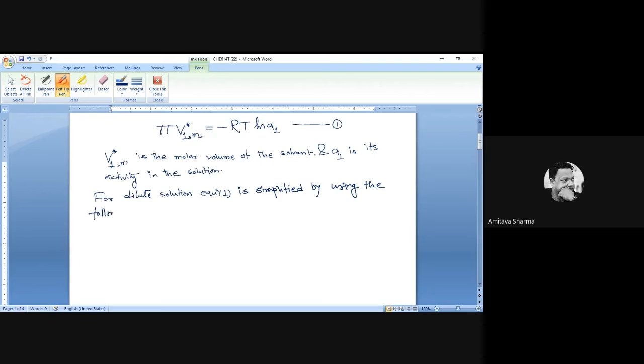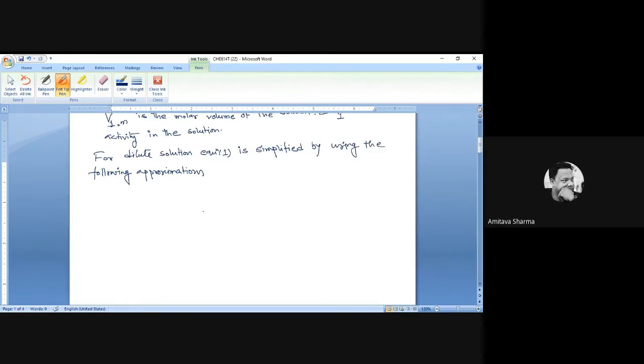Now I am going to discuss the approximations we make to determine the molar mass by osmotic pressure.